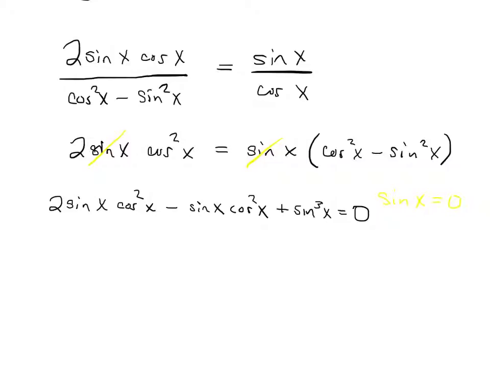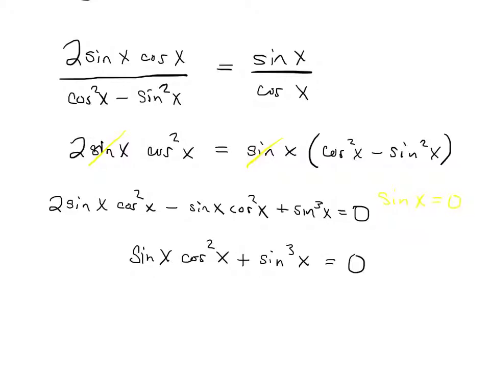So I distributed and moved it all over to the left side. Agreed? So 2 sine x cosine squared x minus sine x cosine squared x is sine x cosine squared x, plus sine cubed x. All of that equals 0.